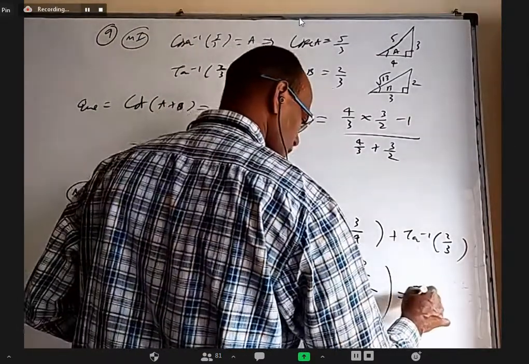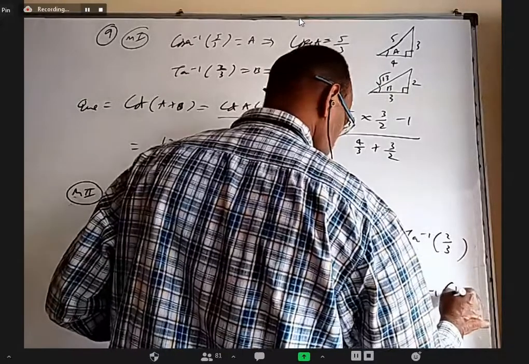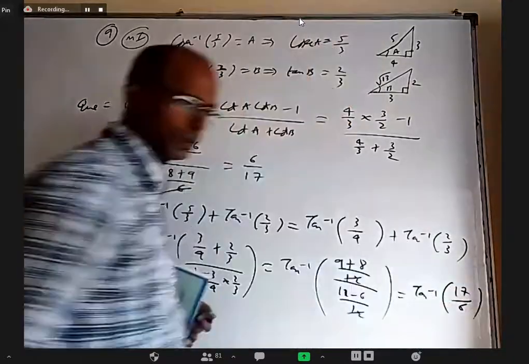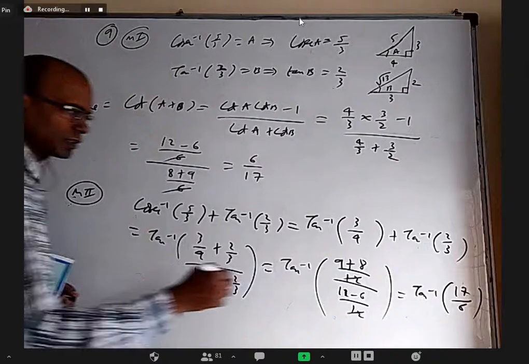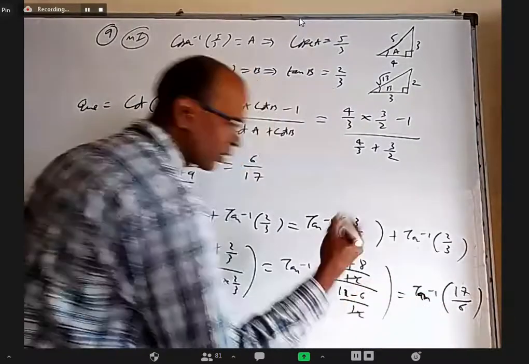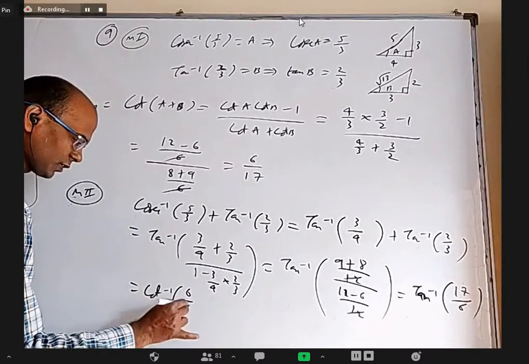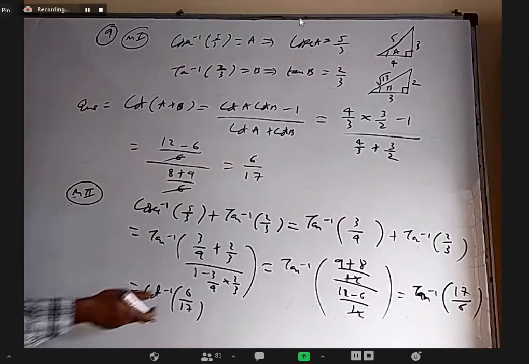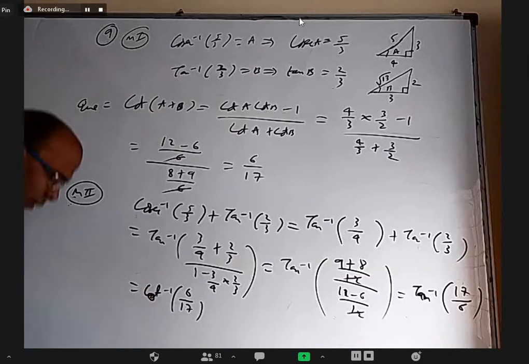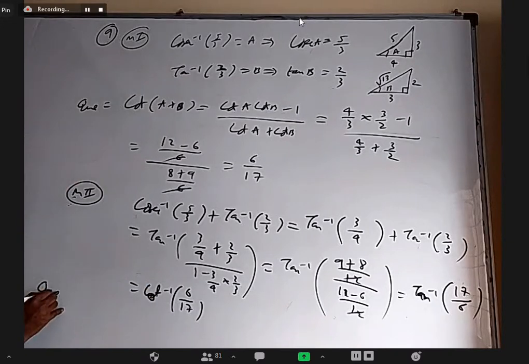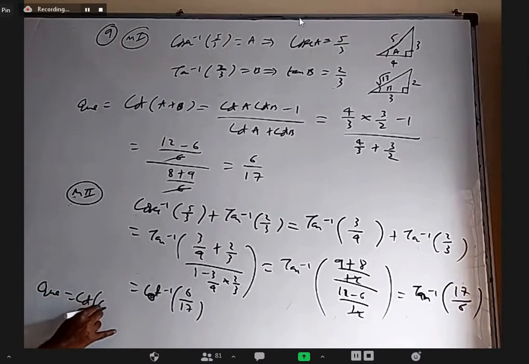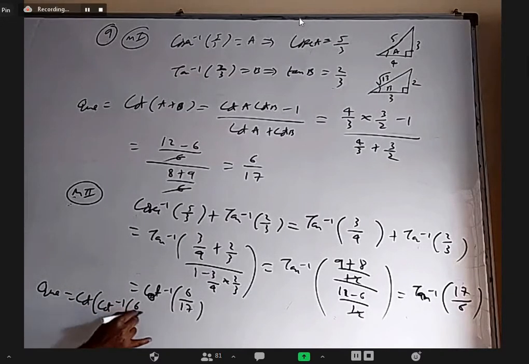I'll get tan inverse 17 by 6. But tan inverse x can be written as cot inverse 1 by x. So it is cot inverse 6 by 17. But the question is cot of this. That's why I converted tan into cot anyway. So now, coming to the question, it will be cot of cot inverse 6 by 17. So it will be 6 by 17.